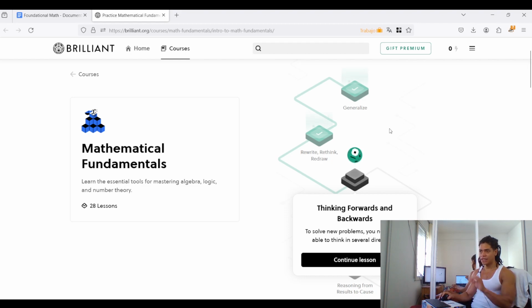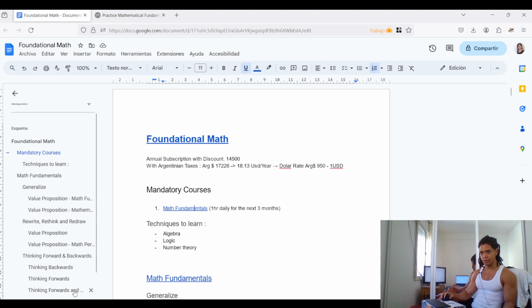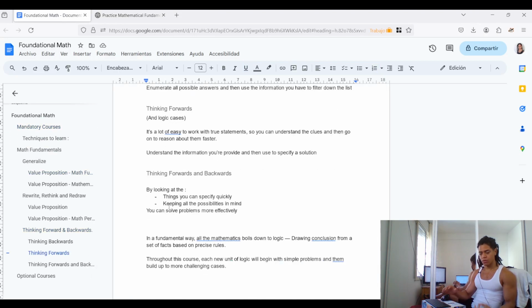So in this section we're looking at thinking forward and backwards, and how important it is to see the relationship between a statement and the conclusions you draw. By thinking forward, you start with a statement: understand the information you are provided.